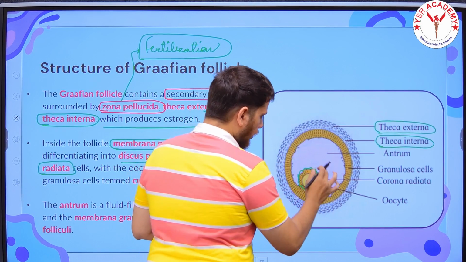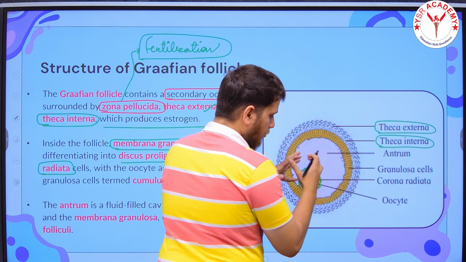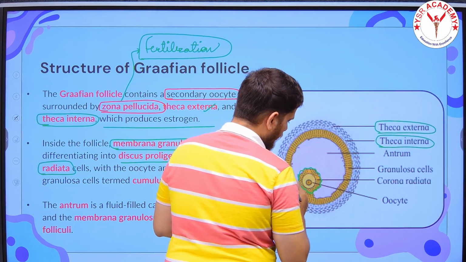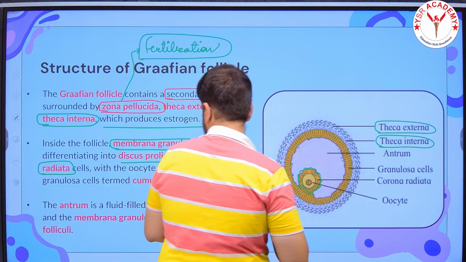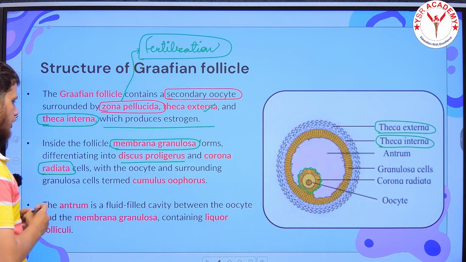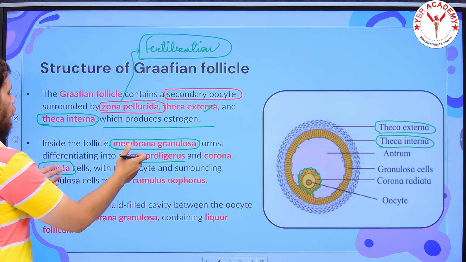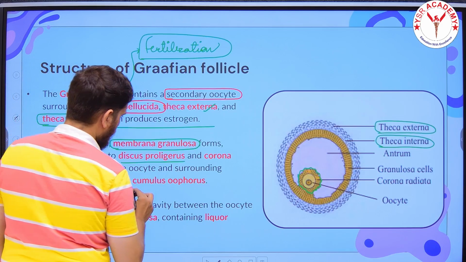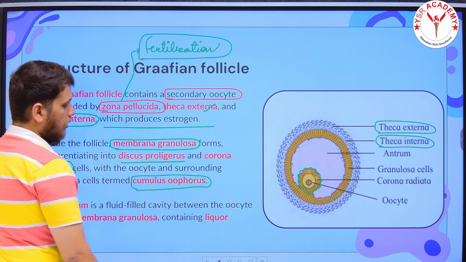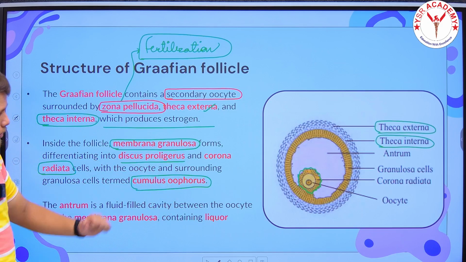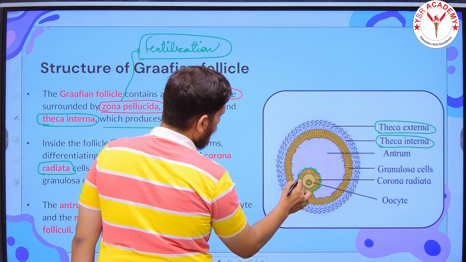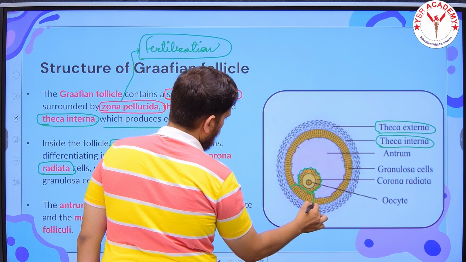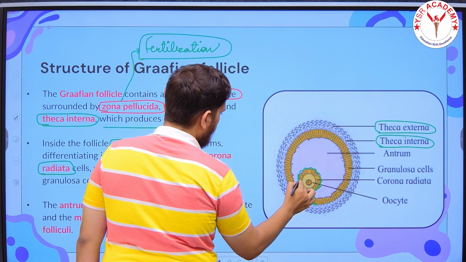The peripheral group of cells are the corona radiata, and the other cells are the discus proligerus. Now, the oocyte with the surrounding granulosa cells is called the cumulus oophoricus or cumulus oophorus. These are the cells surrounding the basal part of the ovum, which is this. Actually, I am talking about this whole complex.